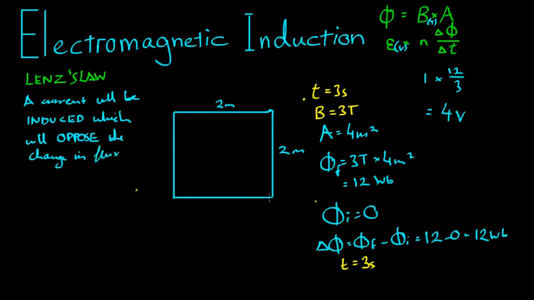So the loop will experience a current through it, which will hopefully, I like to think, make things the way they used to be. So we start off with 0 flux going through.